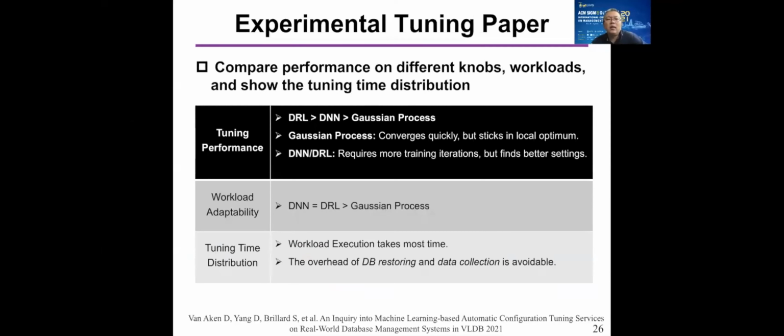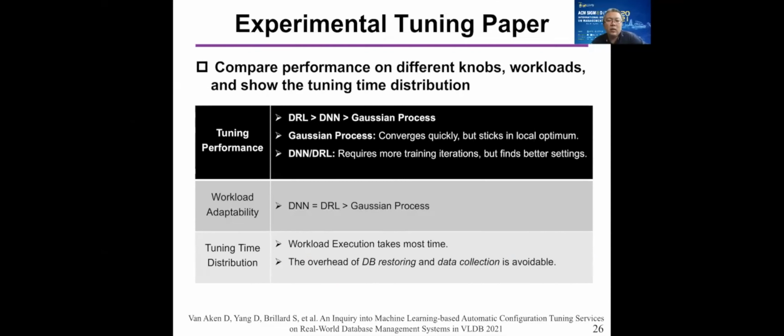For the tuning performance, reinforcement learning is better than DNN and better than Gaussian process. And Gaussian process can converge quickly, but may fall into some local optimum. And DNN, DL require some more training iterations, but find better settings for adaptability. So DNN, DL are better than Gaussian process in tuning time.